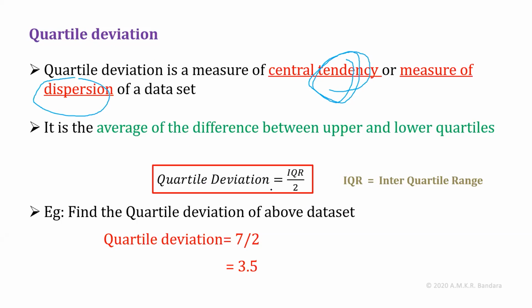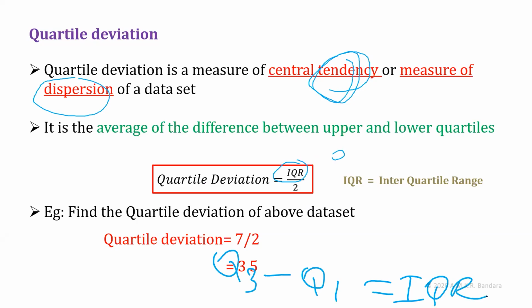Quartile deviation is nothing but the IQR, interquartile range, that is Q3 minus Q1, divided by 2. That is the quartile deviation.